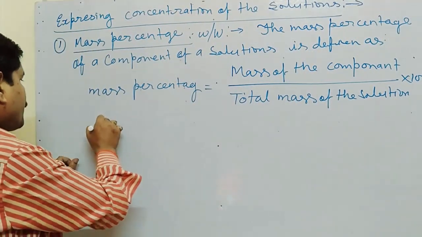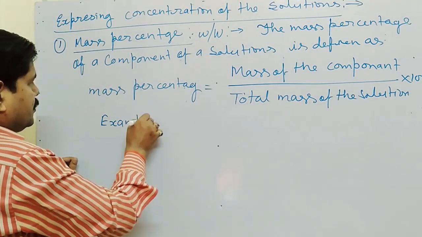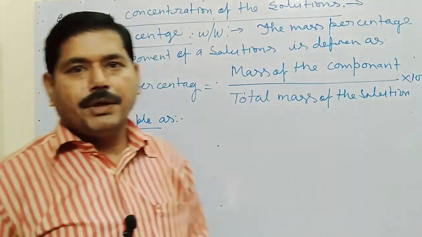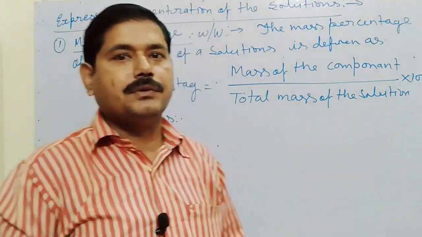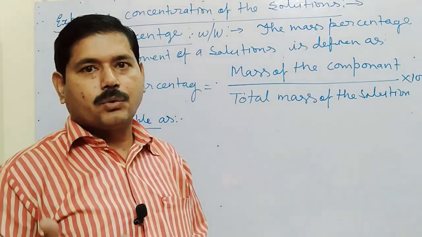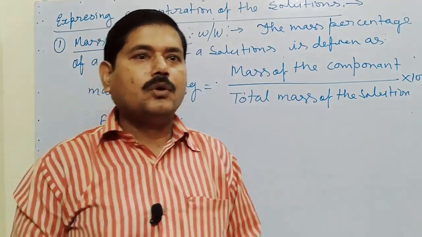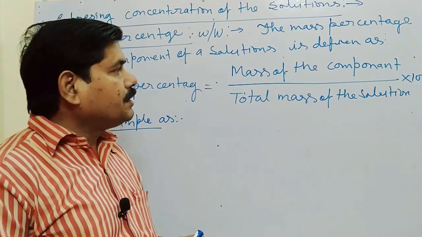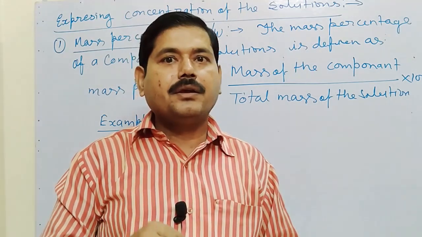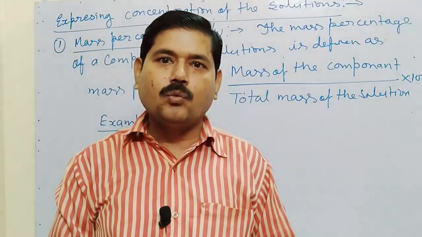For example, if we say a 20% solution of salt, we mean that in this solution there are 20 gram of salt and 80 gram of water.